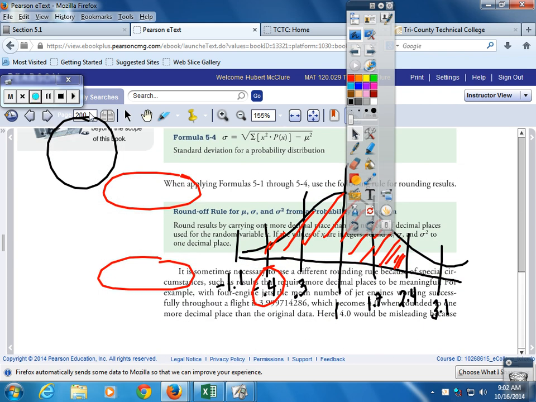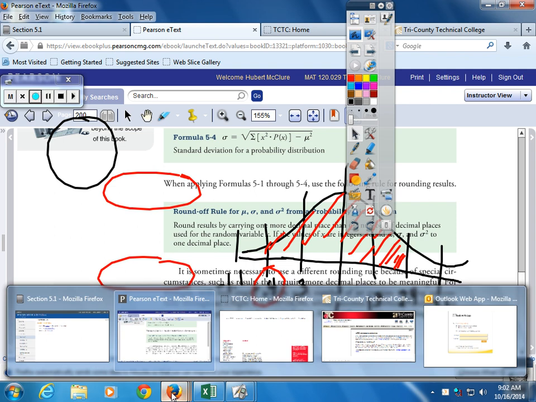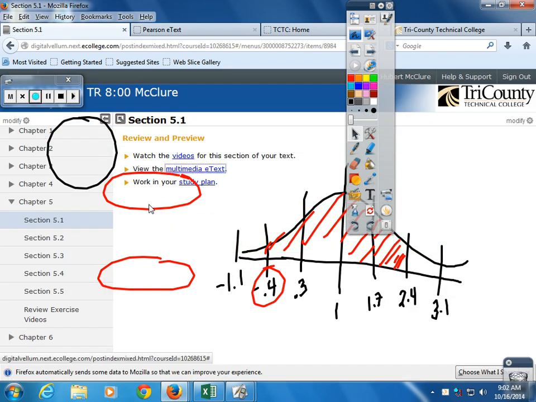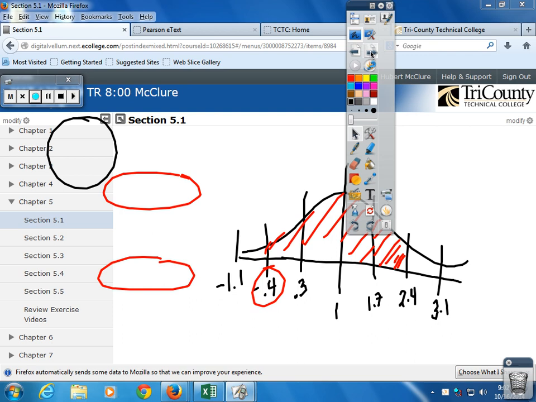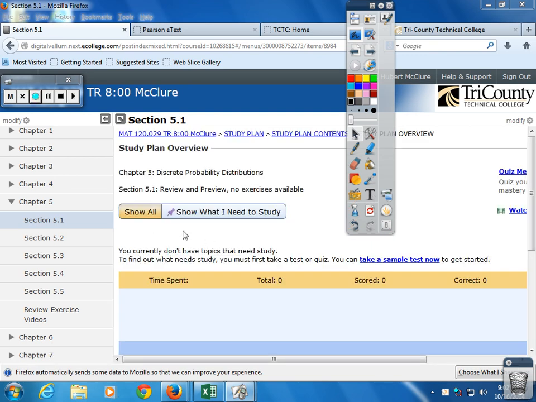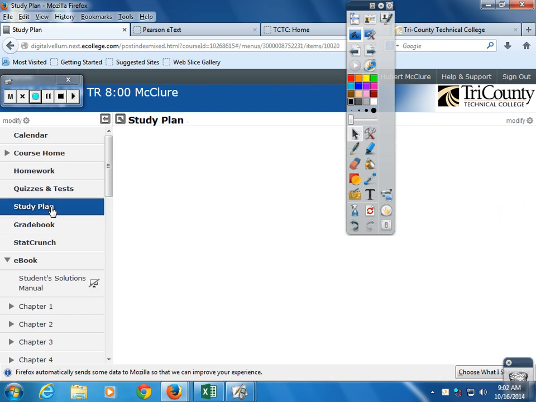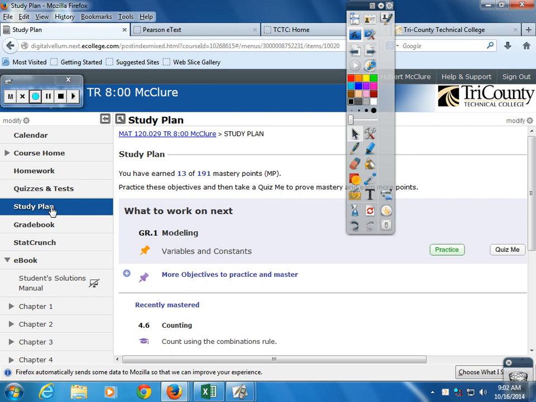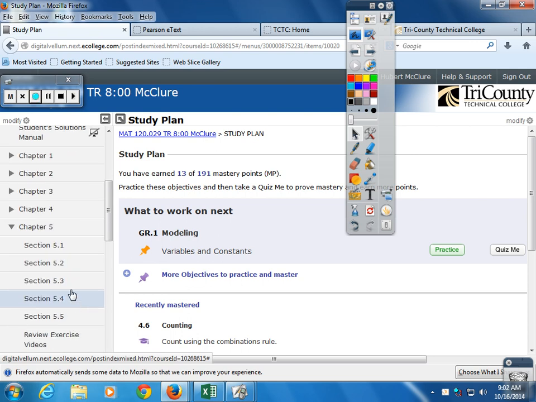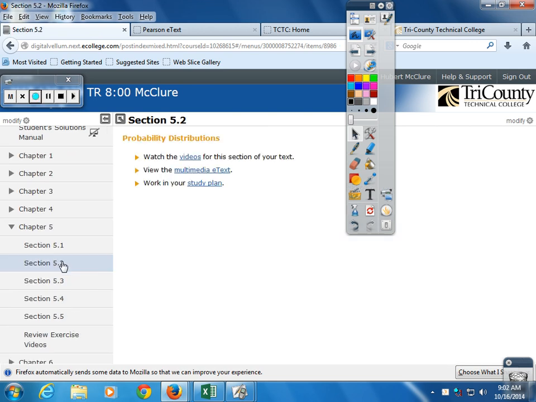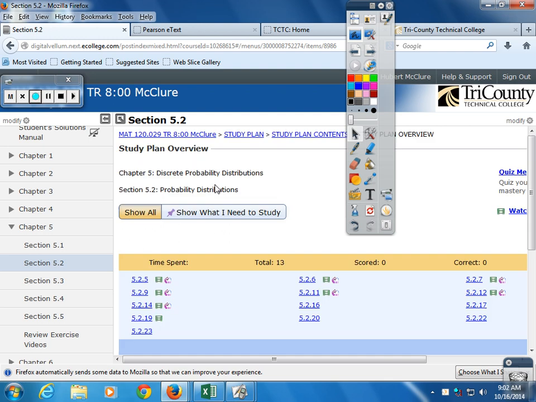Let me go to the homework and pull one up. 5.2, isn't it? There it is.